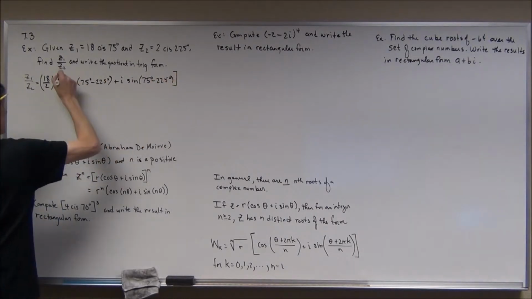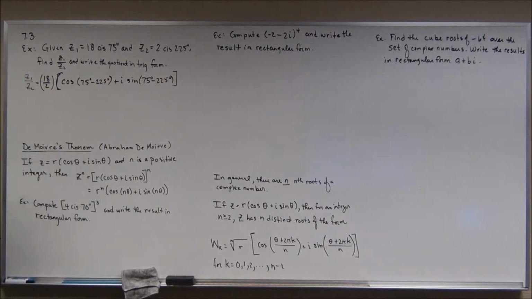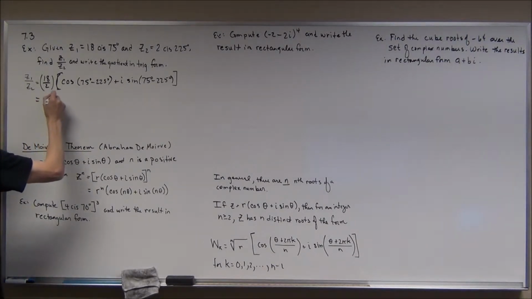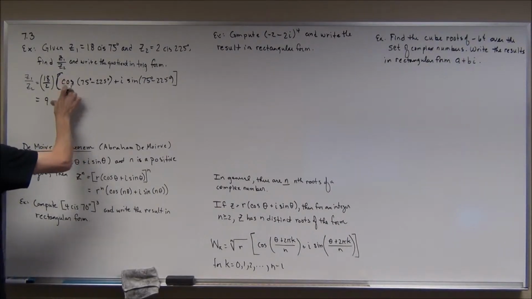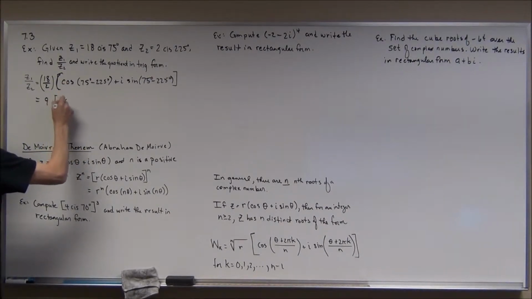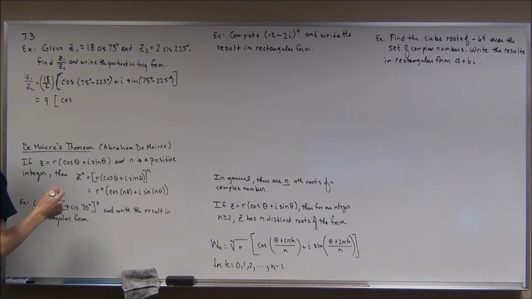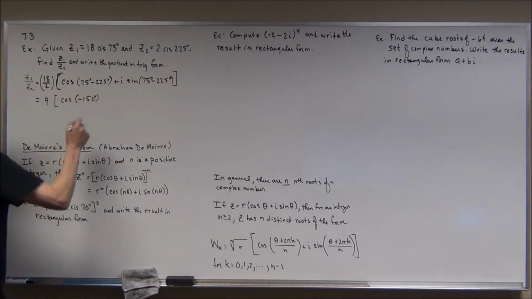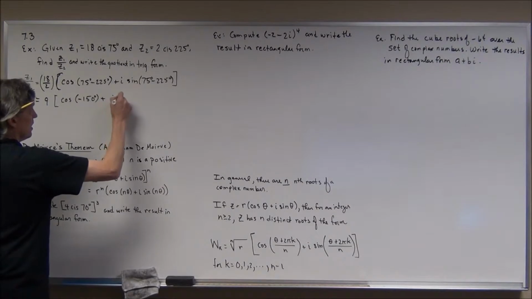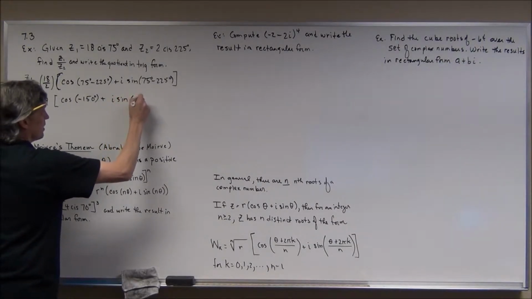Maybe I should use a bracket here, to make it a little easier to distinguish. So this gives me 9, and then the cosine of, that would be negative 150, plus i sine of negative 150.